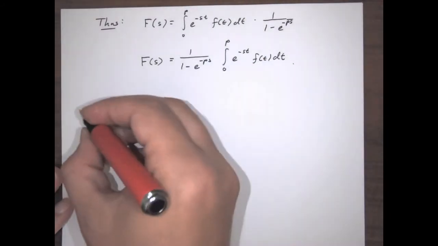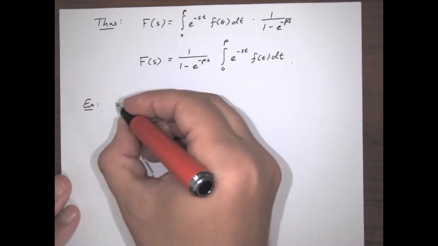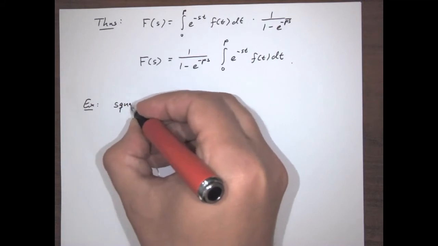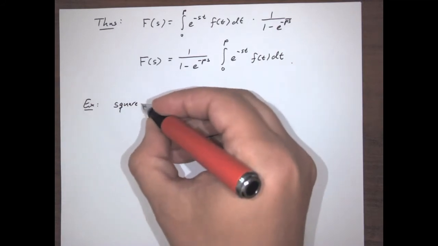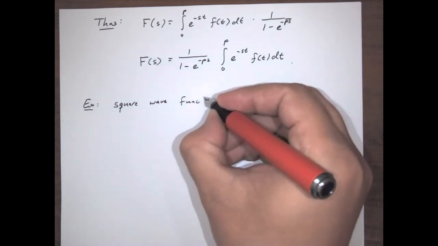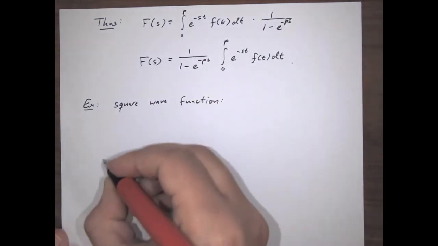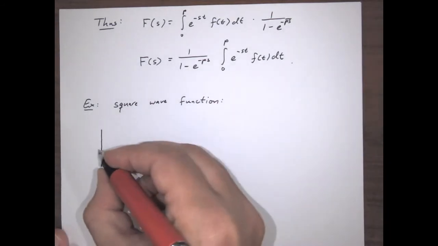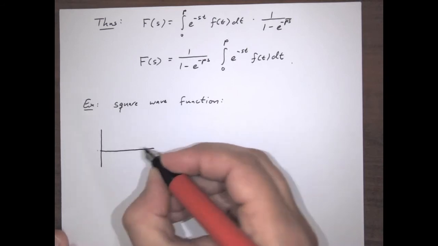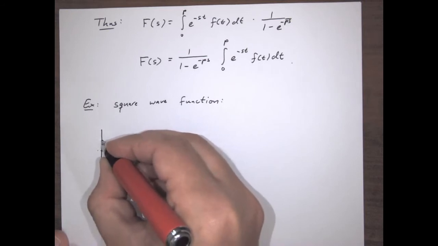An example of this might be what is called the square wave function. The way this looks is that it is a function that alternates between being constant at 1 and at negative 1.